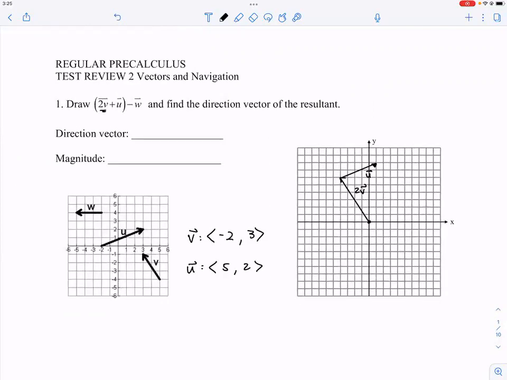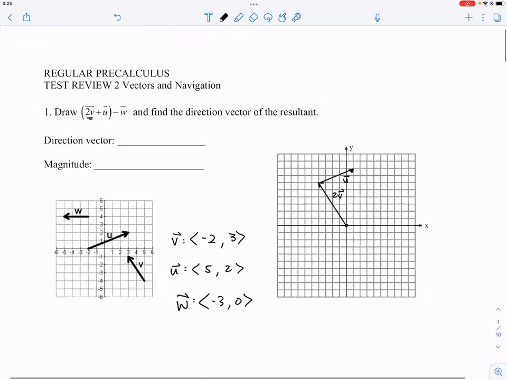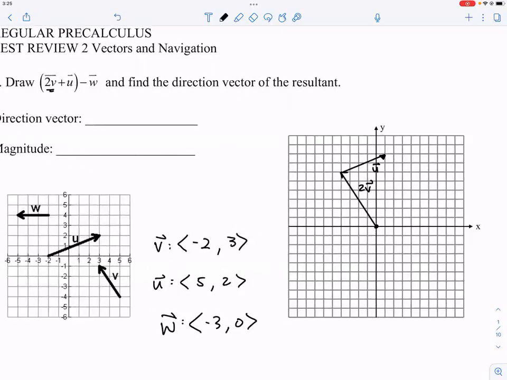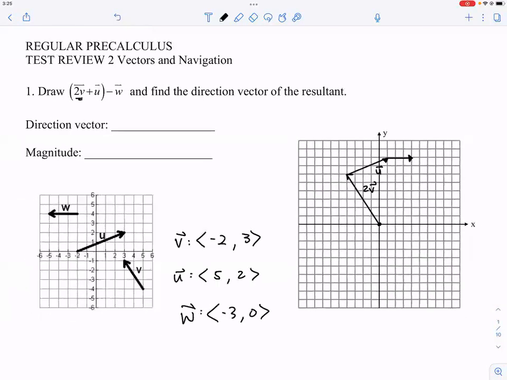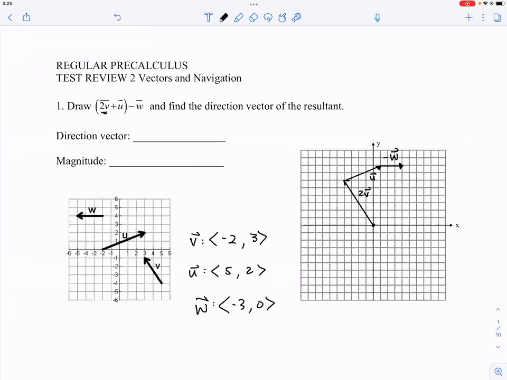And then I'm gonna do minus W. So W is supposed to be -3, 0, since it's just moving to the left. But it is minus W. That means we are going to move to the right-hand side for 3 units, not the left, because this is the opposite of W.